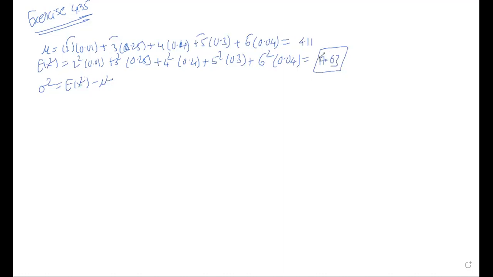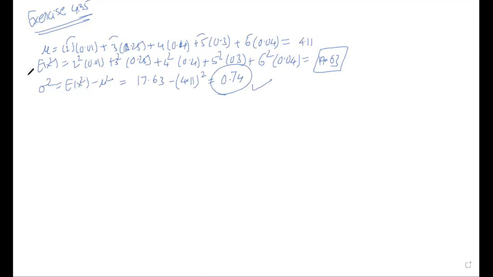I just calculated this one. If you plug the values over here, 17.63 minus 4.11 squared, finally you will be getting 0.74. So that is the answer. So that's how you can solve the examples. That's not a big deal, very easy thing.